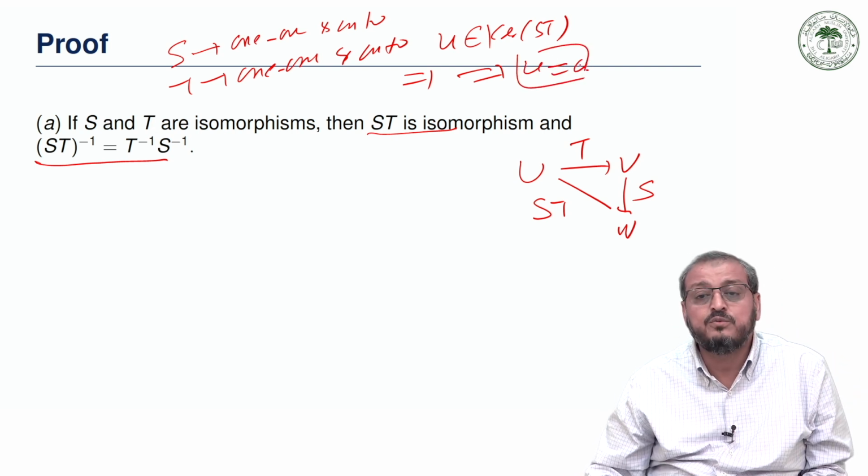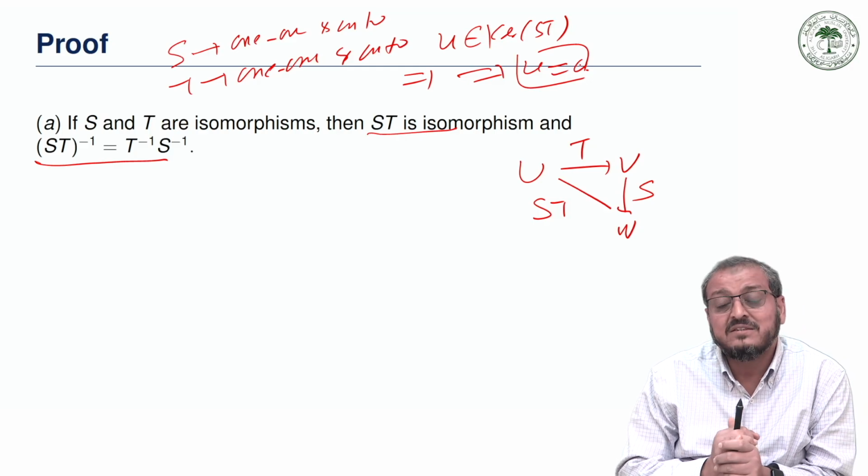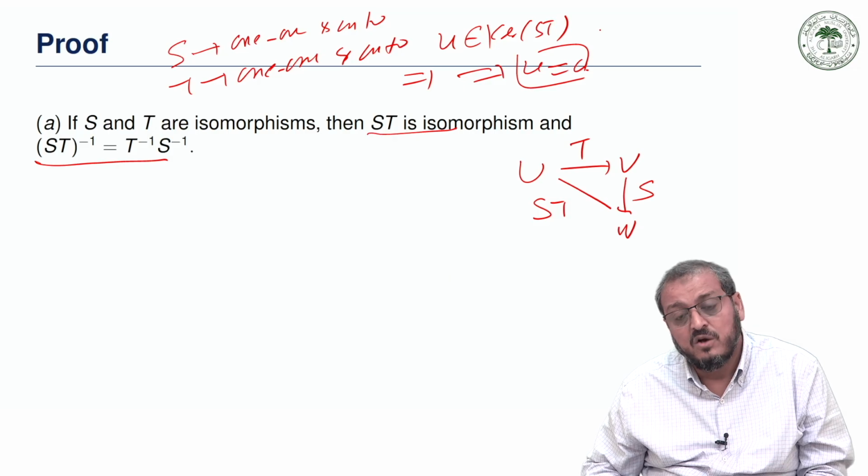If we succeed in proving that u is equal to 0, then we can say that the kernel of ST is equal to 0, and then ST is 1-1.